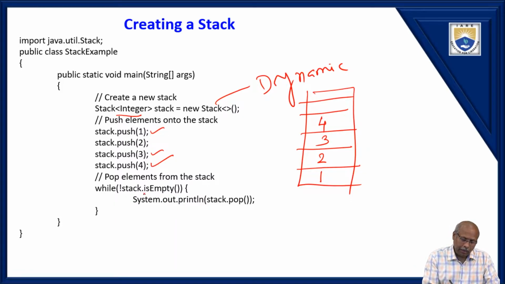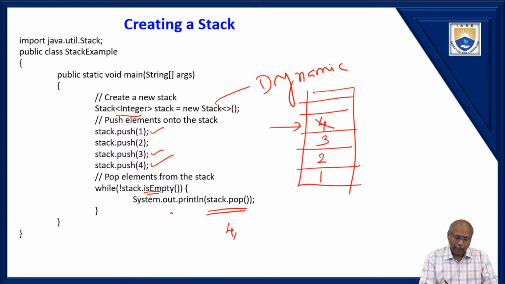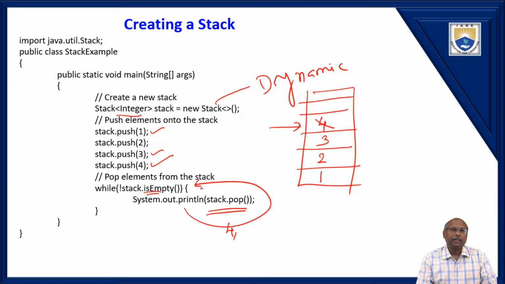There is a method called isEmpty which checks whether the stack is empty or not. If it is not empty, go inside and pop. Once you say pop, it will pop the topmost element. The top is here, so 4 will be popped out and displayed. After popping 4, control goes to the beginning of the loop and checks again whether the stack is empty.